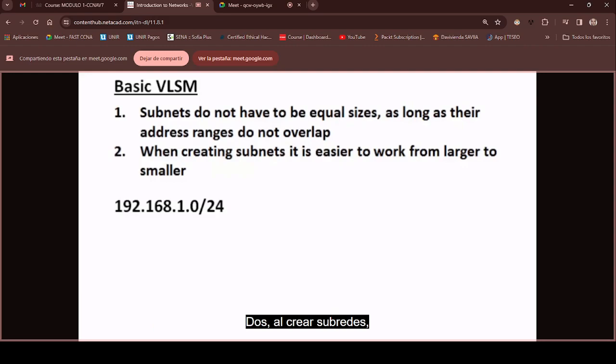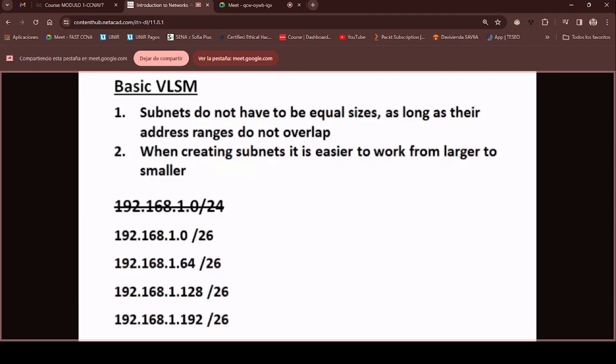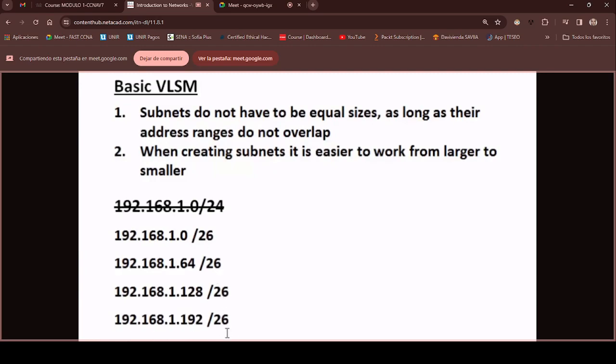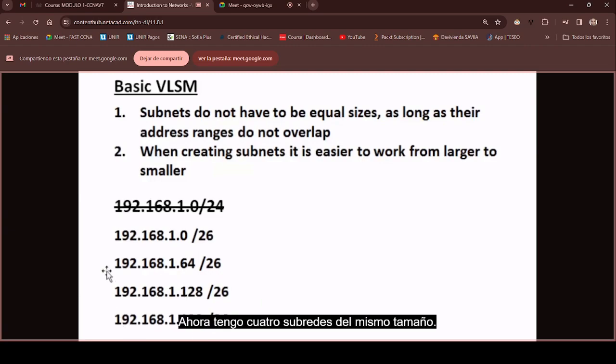When creating subnets, it is easier to work from larger to smaller subnets. So for example, I have the 192.168.1.0/24 network. I subnet the network into 4 subnets with /26 subnet masks, so the subnets go up by 64. I now have 4 equal-sized subnets.